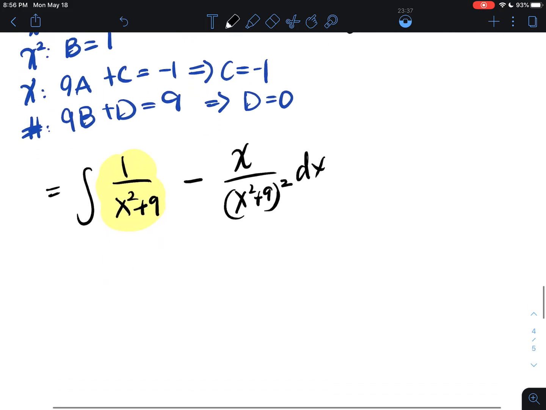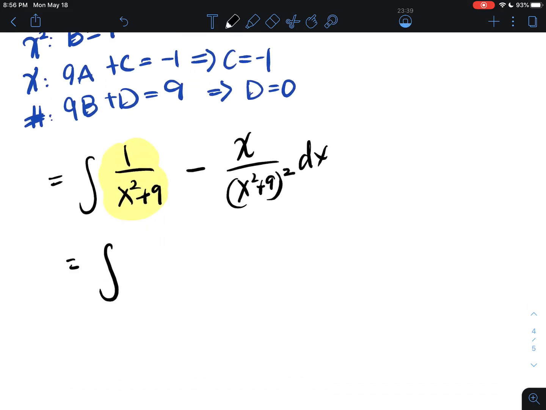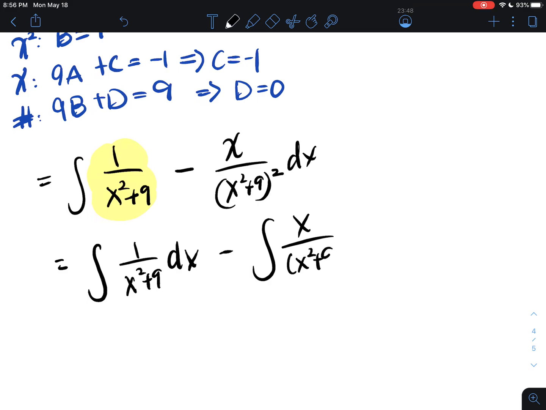So I'm actually going to rewrite it as the integral of 1 over x squared plus 9 dx minus the integral of x over x squared plus 9 quantity squared dx. Okay, so that one stays there. It's actually one of our arctangent rules for our paper that we have. So that one's perfectly fine, the first term.